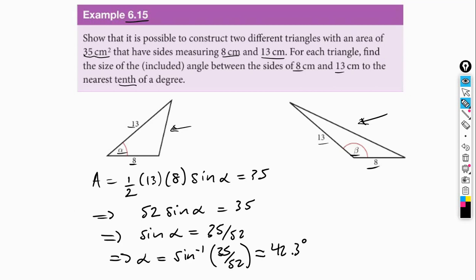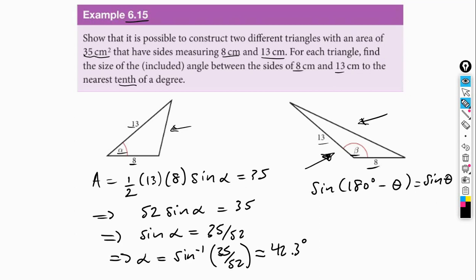Now, this same fact would be true for the second triangle because we have the identity that says that sine of 180 degrees minus theta is equal to sine of theta.